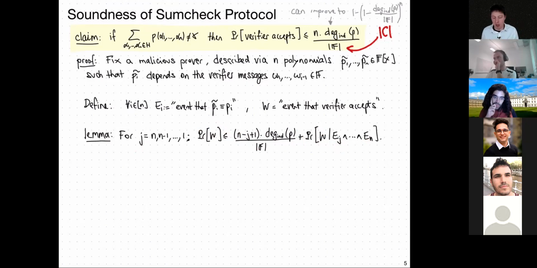This is a messy expression, it doesn't matter right now, we'll prove it in a moment. What I want to do right now is convince you that this expression suffices to establish the claim.